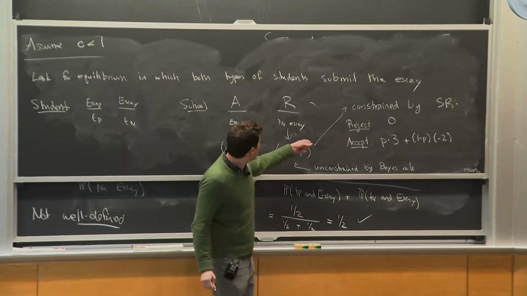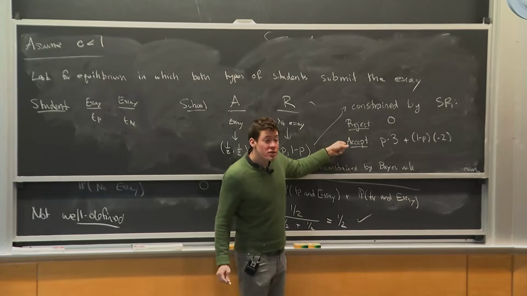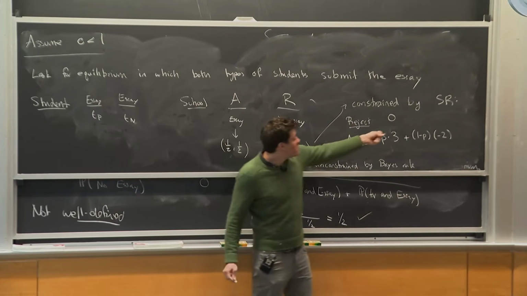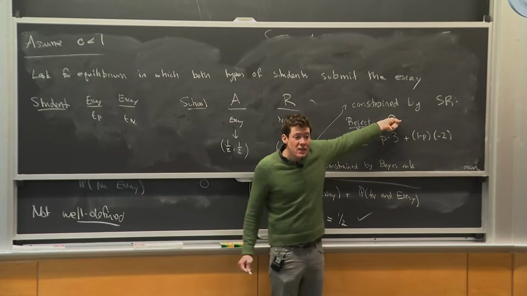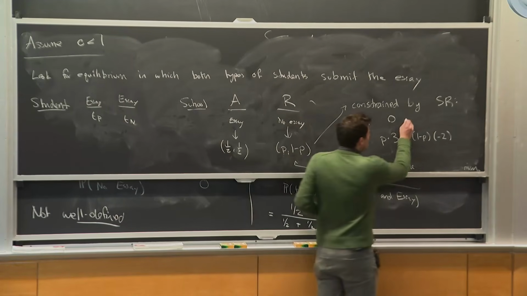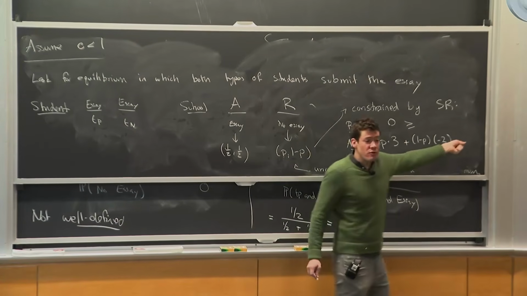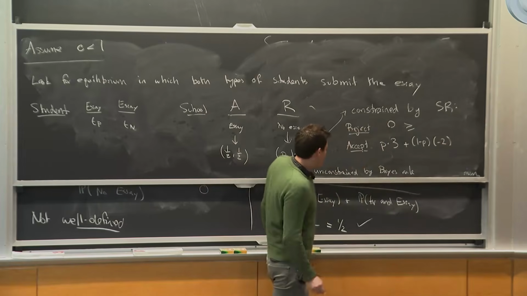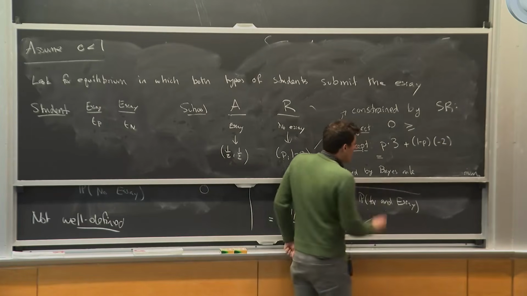So in order for rejecting to be sequentially rational at this node, it must be that the expected payoff from rejecting is weakly higher than the expected payoff from accepting. So I need 0 to be greater than or equal to this. Now let's simplify this a little bit.